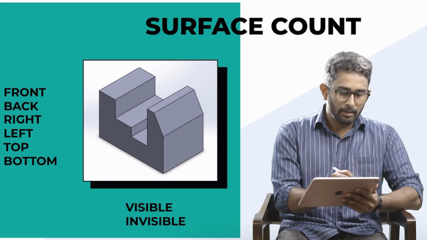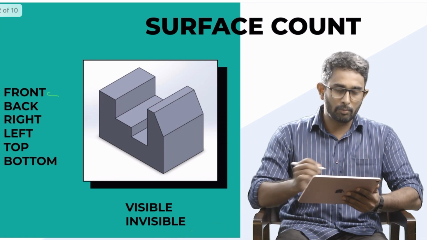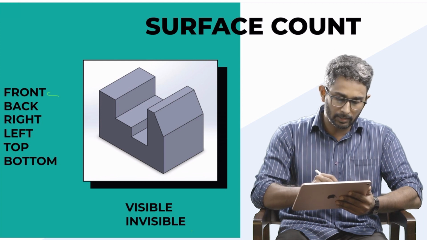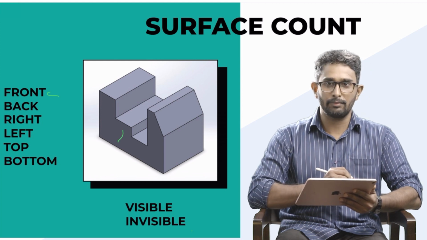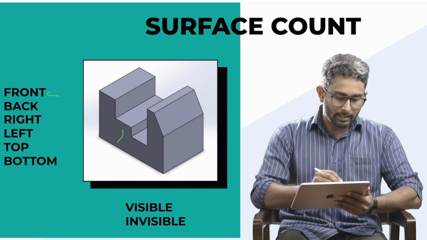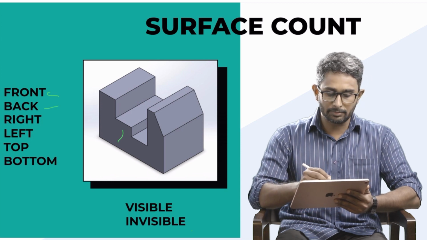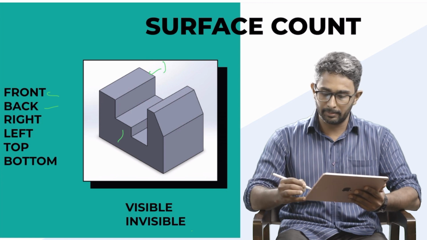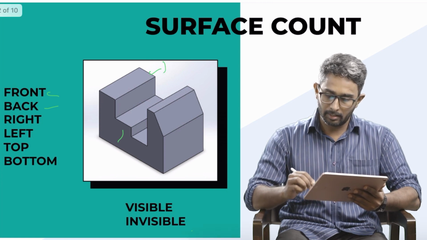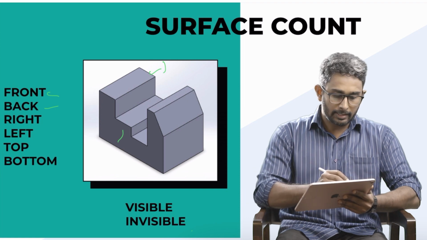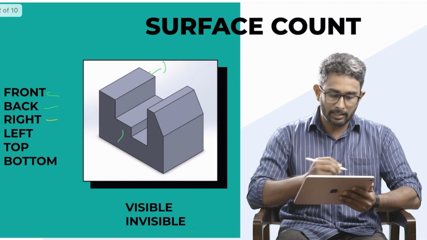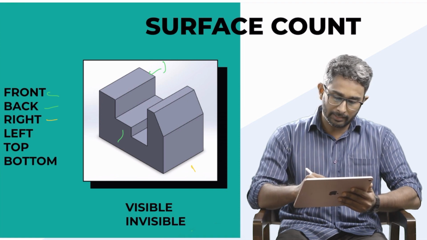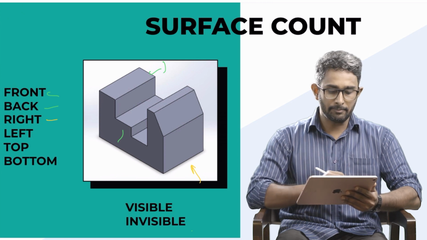In the front view, how many surfaces can I see? I can see only one surface in the front view. Similarly, on the back side, I can see only one surface. Next, on the right side, I am taking this as the right side.